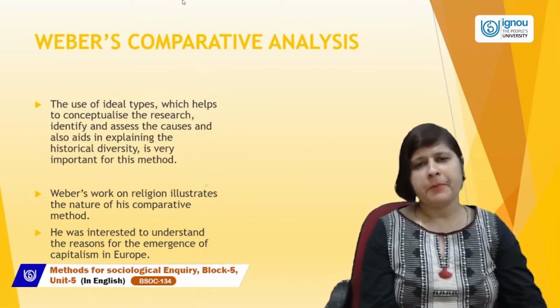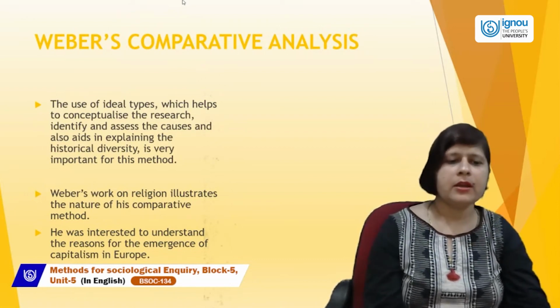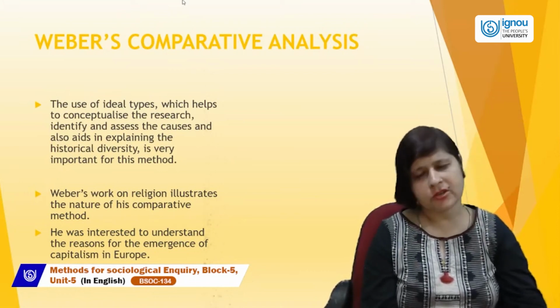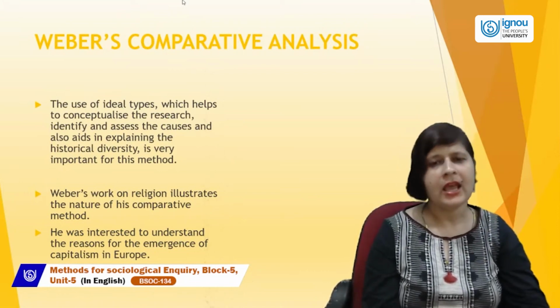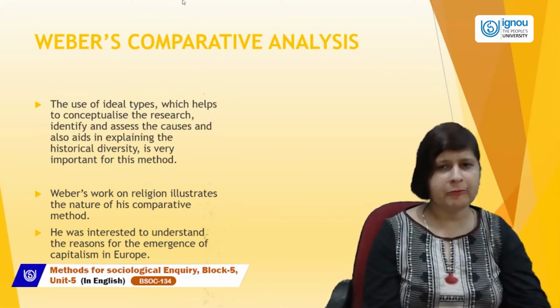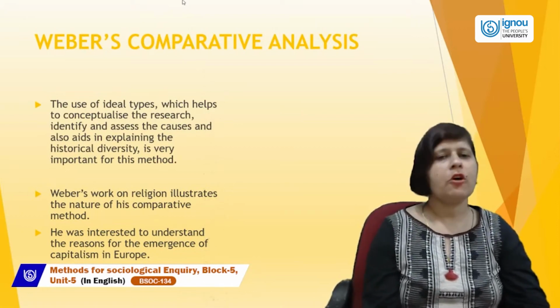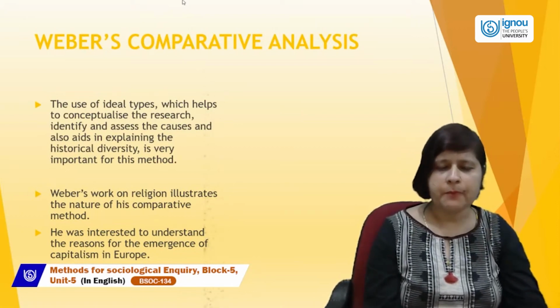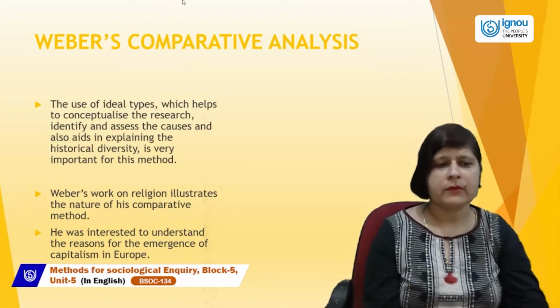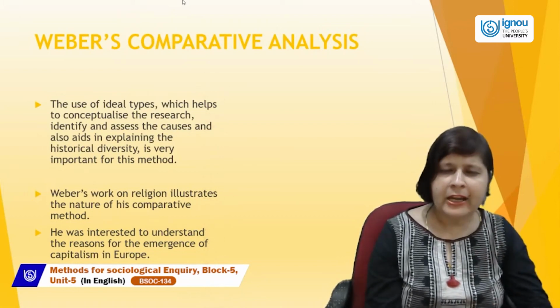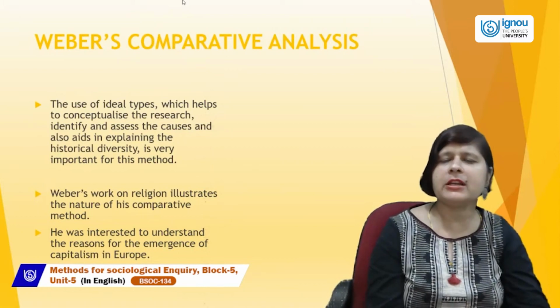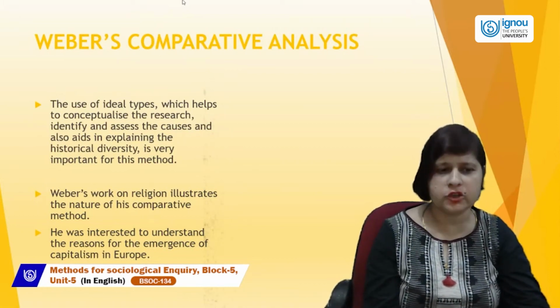According to Weber, historical explanation of diversity as well as the comparative method are both important. So, according to him, this ideal type is very important, and it plays an important role in the conceptualization of the research.